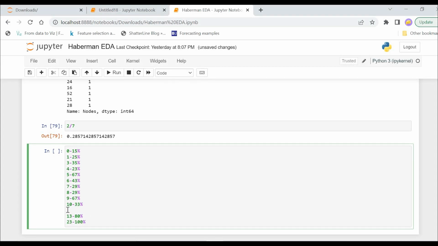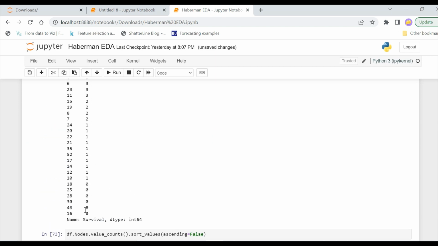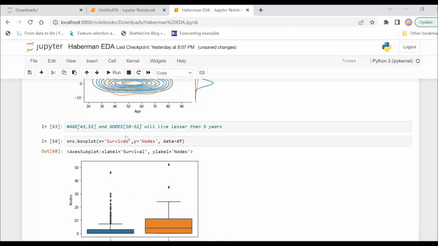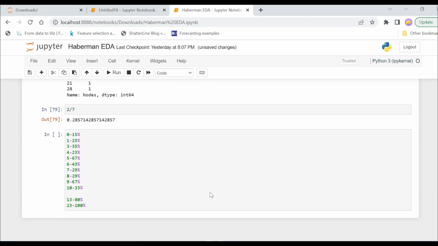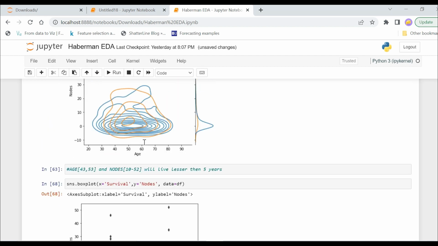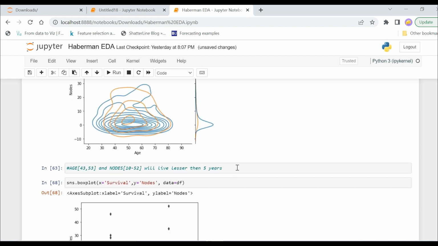So I can say that after 10, there is a high chance that people will not survive. This is a proved statement from the analysis here, and I can highlight this as well.